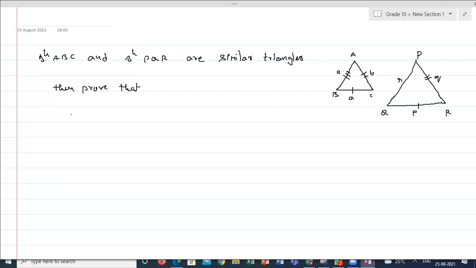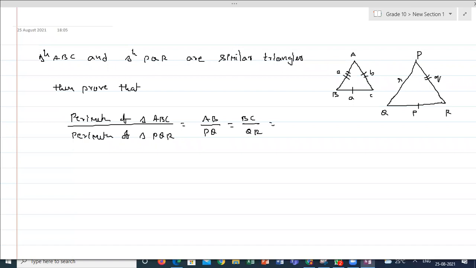So prove that the perimeter of triangle ABC divided by the perimeter of triangle PQR will be equal to AB by PQ, BC by QR, AC by PR.